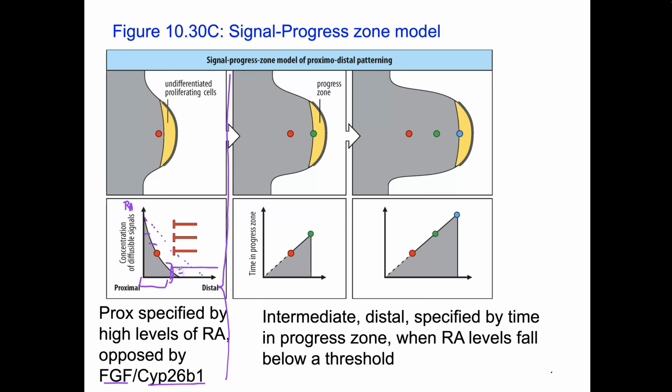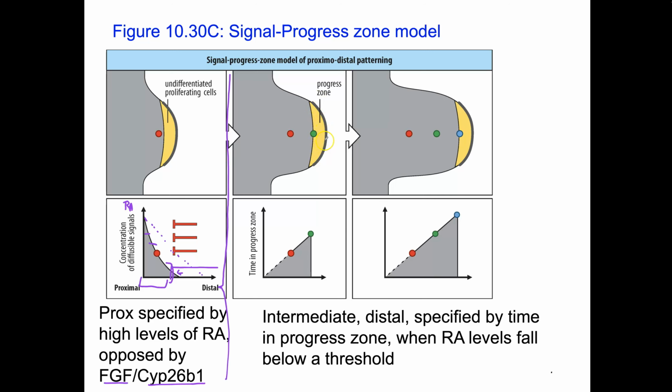Once the retinoic acid drops below a certain threshold amount, where there's not enough to activate any major gene expression, then what we're looking at is the time in the progress zone, based probably on FGF signaling and/or numbers of cell divisions and that sort of thing. There's a number of different waves of gene expression.